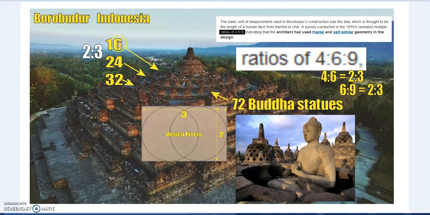So 16 to 24, you could simplify it, divide by 8: 16 divided by 8 is 2, and 24 divided by 8 is 3, so a 3 to 2 ratio. But also beneath that, 32 to 24 is a 3 to 4 ratio, which again incorporates this important vesica feature, would be a Pythagorean triangle.